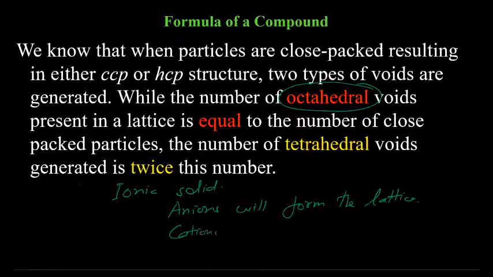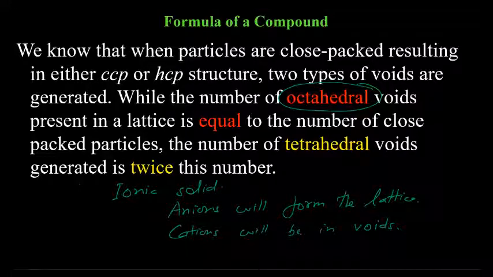Cations are smaller, so cations will be in voids. First, you need to understand that the voids are formed by the lattice points, normally anions, because anions in an ionic solid are normally larger.